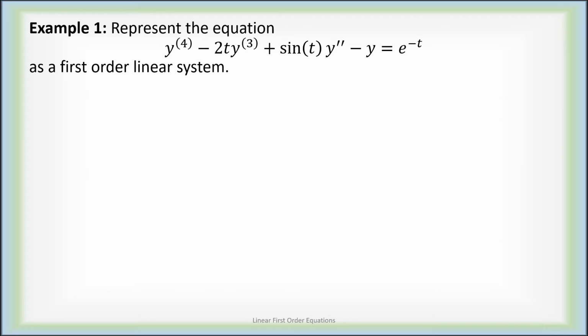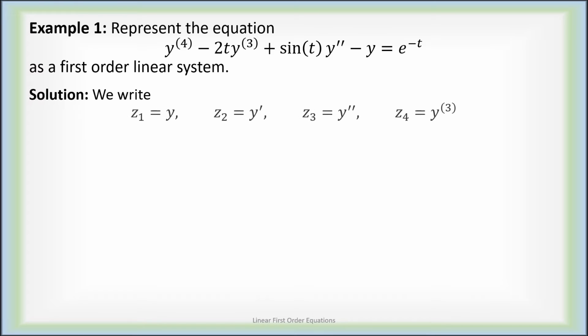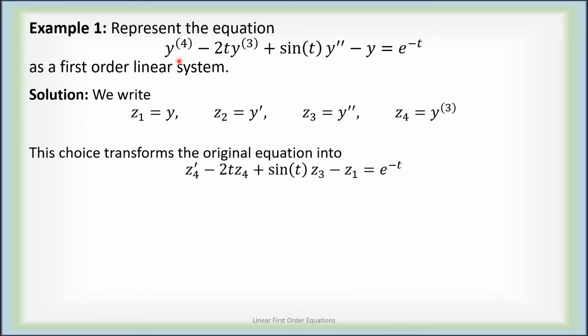For our first example, let's represent this equation as a first-order linear system. Well, we write z1 is equal to y, z2 is y prime, z3 is y double prime, z4 is y triple prime. We haven't gone all the way up to the fourth derivative of y because that is going to be z4 prime. So here we get z4 prime minus 2t times z4 plus the sine of t times z3.